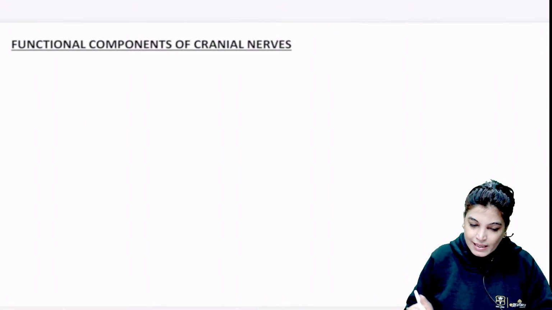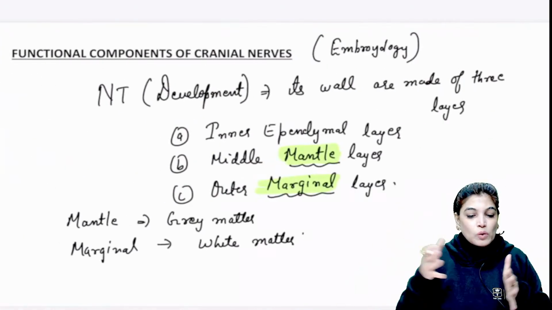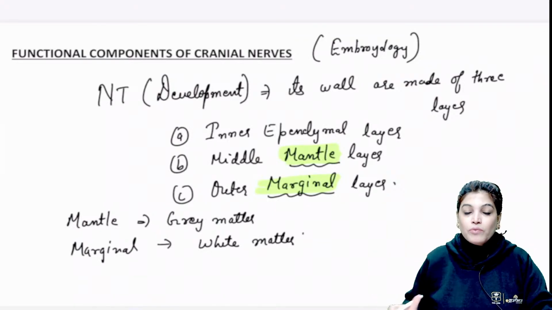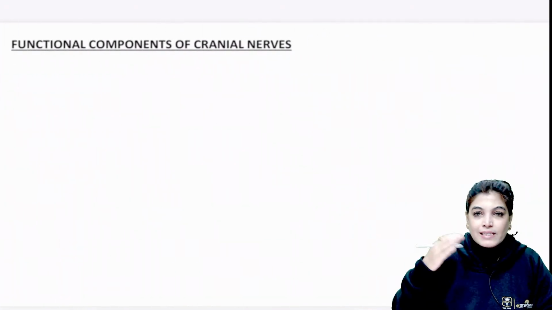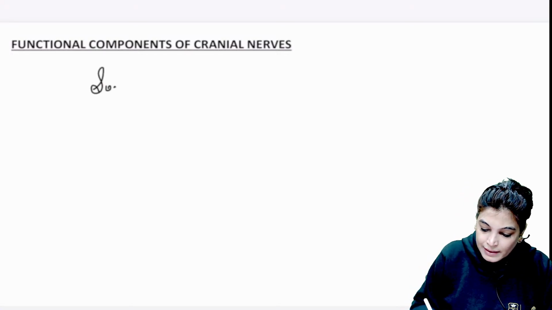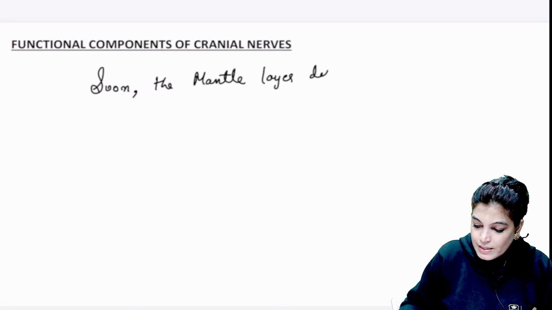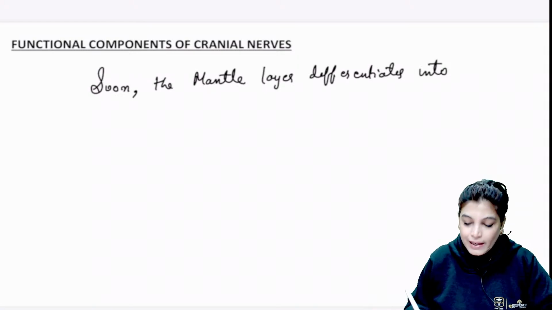So basically, when the development of the neural tube is subsequently taking place, soon the mantle layer differentiates into dorsal and ventral parts.